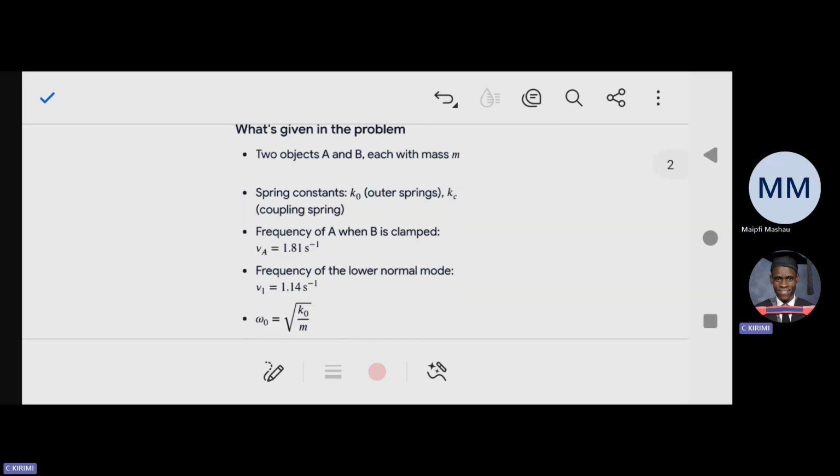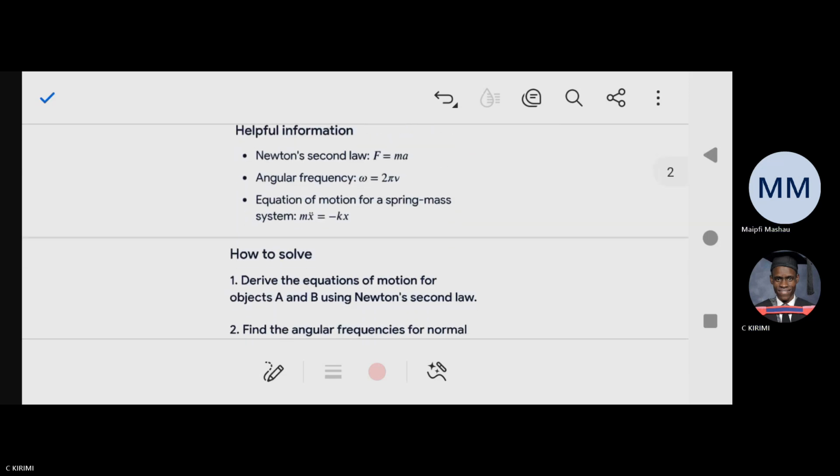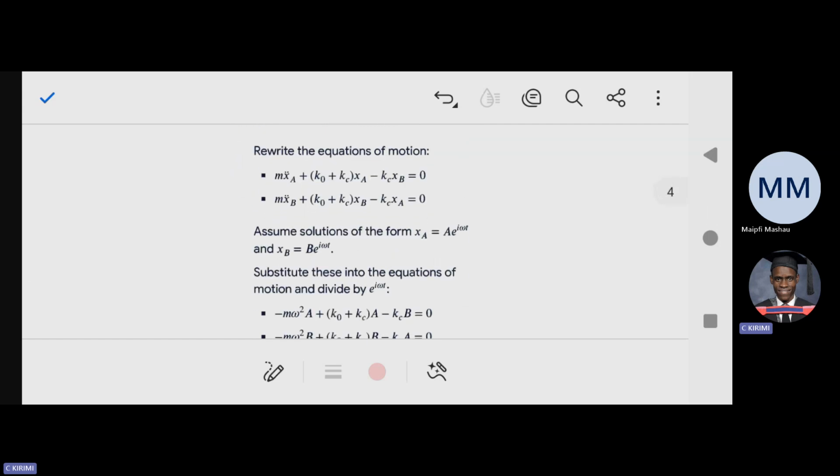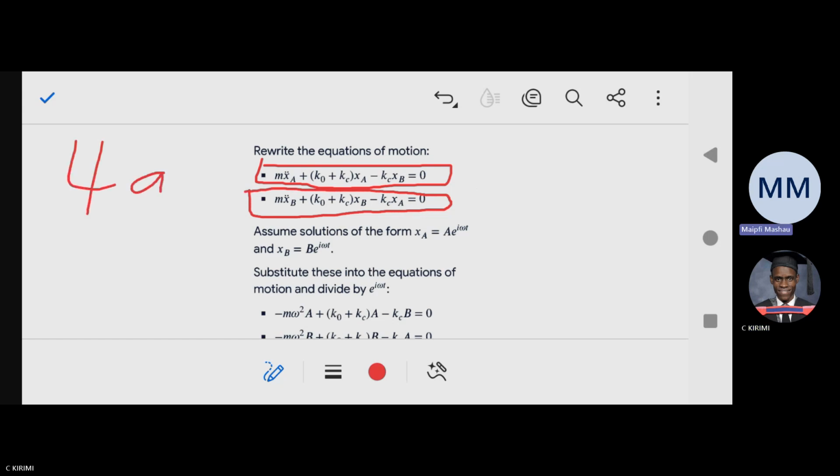So these are the equations of motion of A and B. This is the equation of motion of A, and this is the equation of motion of B. So this is question number 4A. These are the solutions for question number 4A.